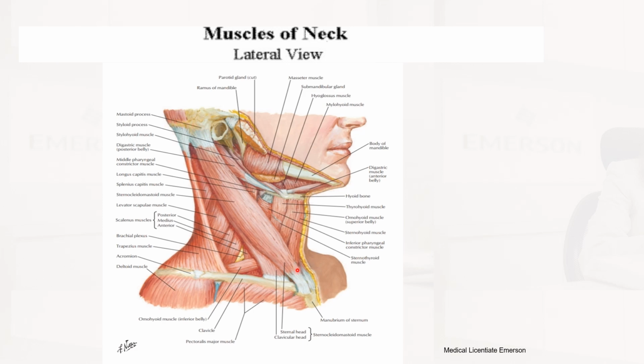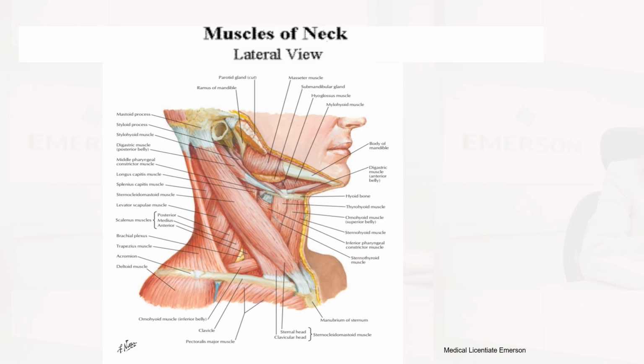This is the mastoid process. Then this is where the sternocleidomastoid is, so the muscle we call it is sternocleidomastoid muscle. This is the muscle we are talking about, and this is the trapezius. Okay, these are muscles of the neck in the lateral view.